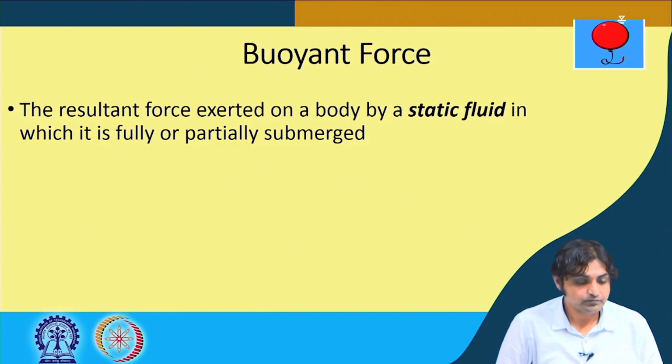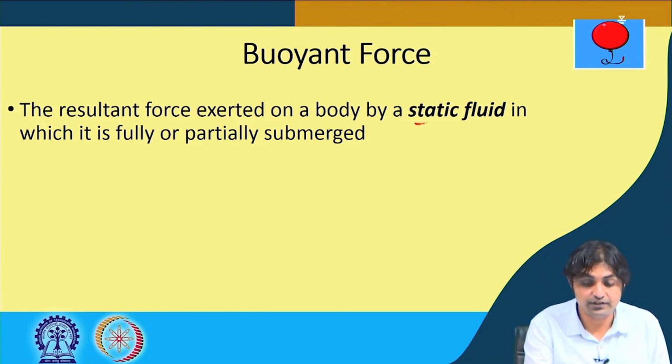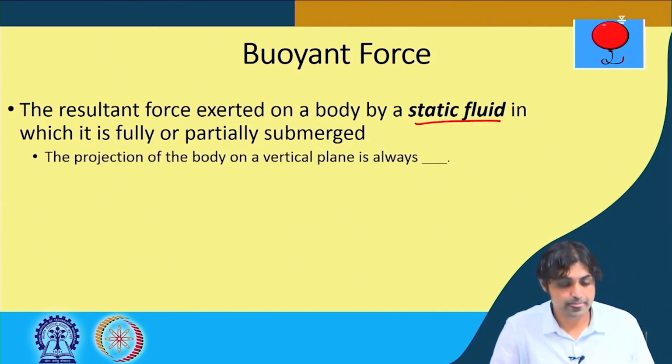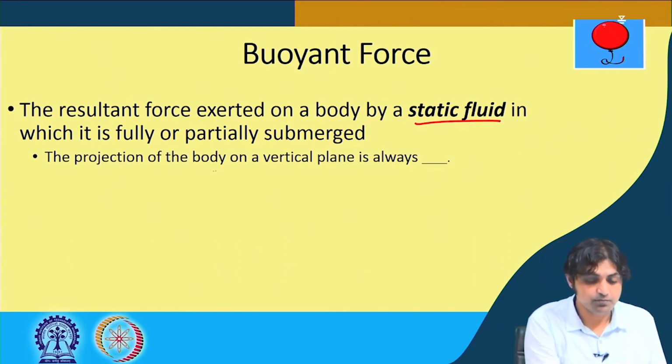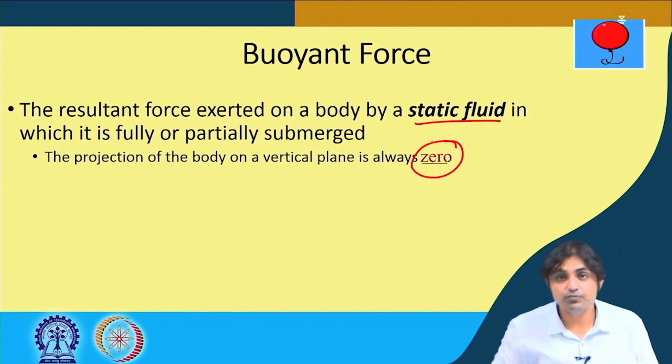I would ask you, the resultant force exerted on a body by a static fluid, in which it is fully or partially submerged, is going to be, the projection of the body on a vertical plane is always 0.